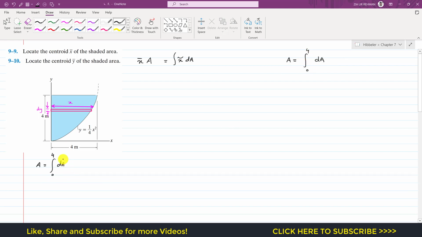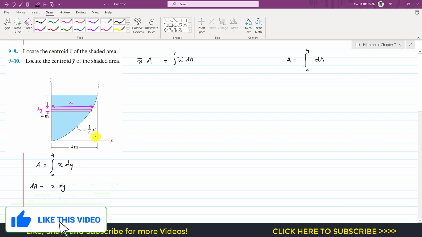And we can write that dA is equal to this x times dy. So x times dy is the area of this small differential strip. Since we want to integrate this dA with respect to y, we need to have this x in terms of y.